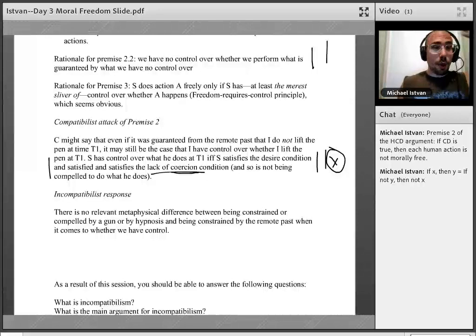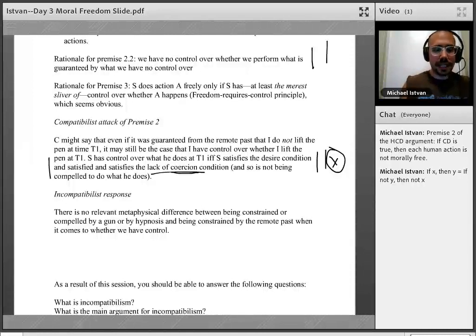So you see, we'll go back to my example. If by not lifting the pen, I am doing what I want to do, I'm fulfilling the desire condition, and if no one is holding a gun to my hand and saying, don't lift the pen, then that's satisfying the lack of coercion condition. Then I have control over whether I lift the pen at time 1, even if my not lifting the pen has been guaranteed from time immemorial.